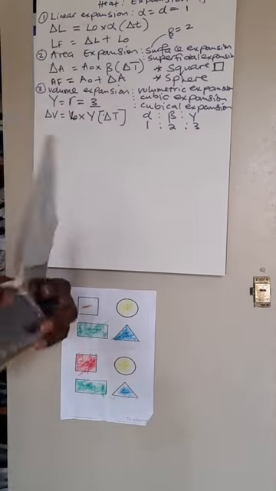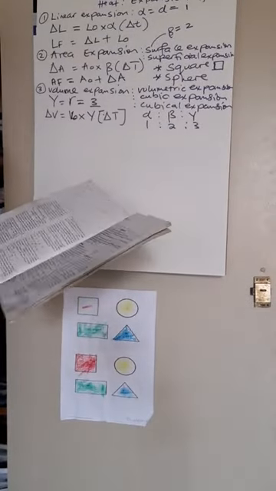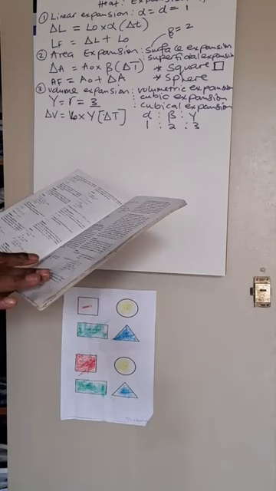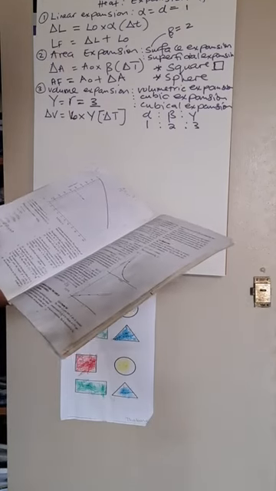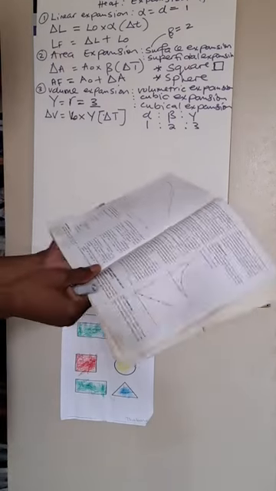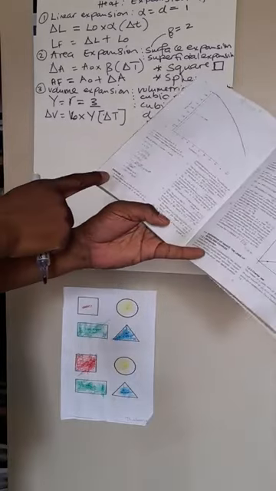Now, for those of you who have a textbook by J.F. de Villiers, I am on activity 7.1.